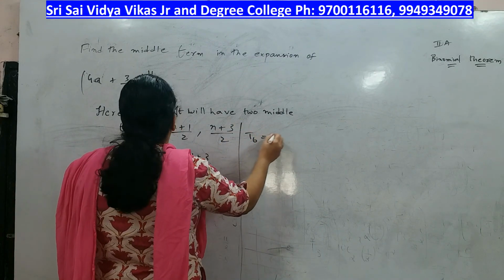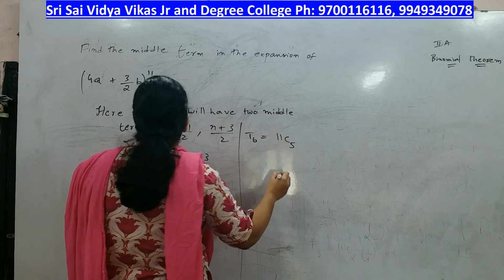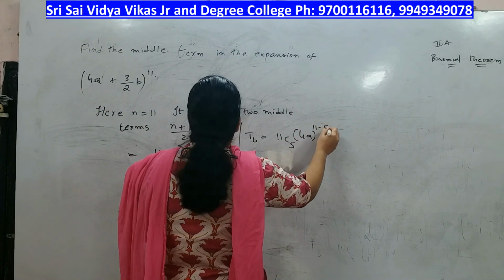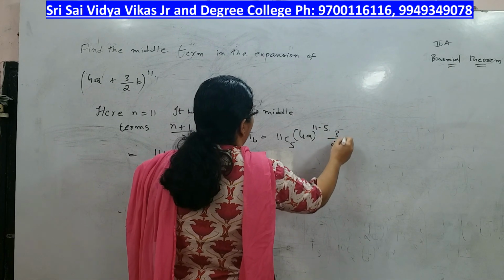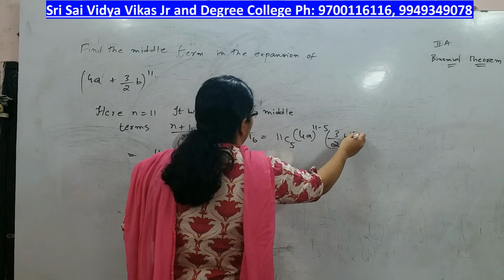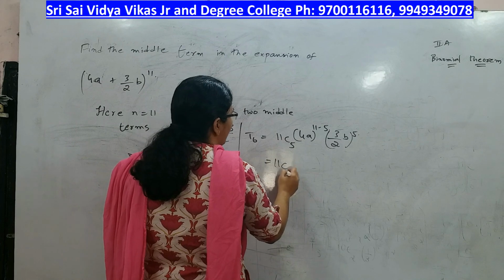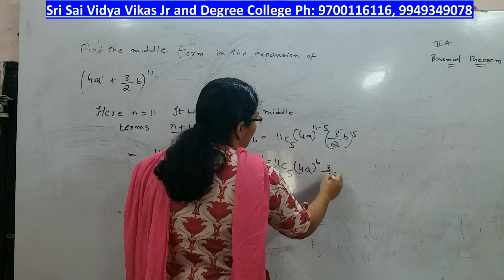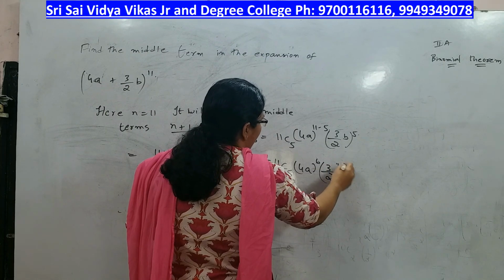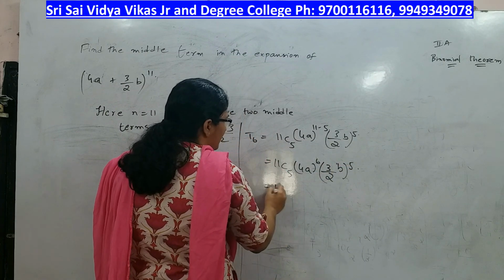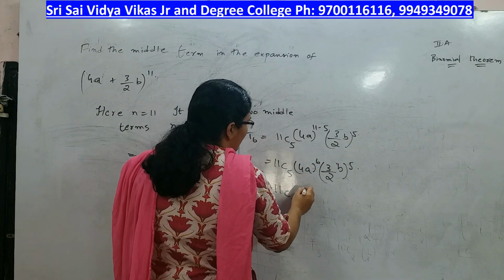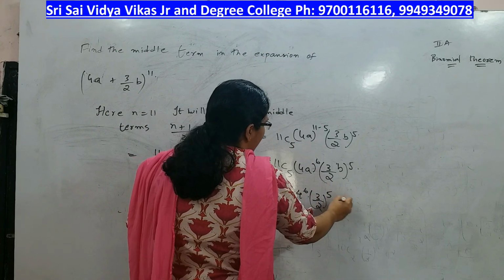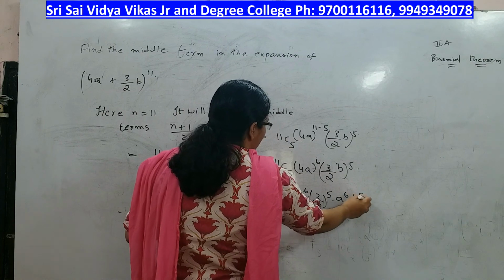T6 is equal to 11C5 (4a)^(11-5) (3/2 b)^5. So that is 11C5 (4a)^6 (3/2 b)^5, that is 11C5 4^6 (3/2)^5 a^6 b^5.